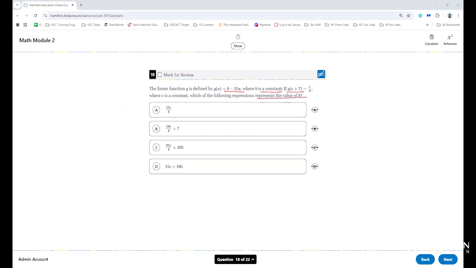So for function notation, we're going to take this inside and put it in for every x. Because we replace that x, we replace that x. So that tells me that c over 4, the g value, is going to be b minus 15 times c plus 7. All right, now we just solve for b in terms of c.